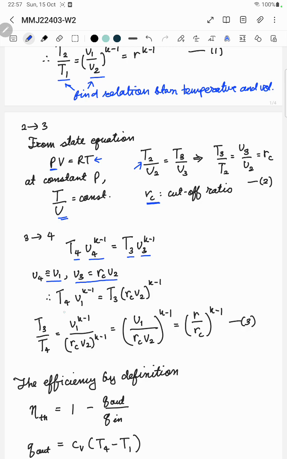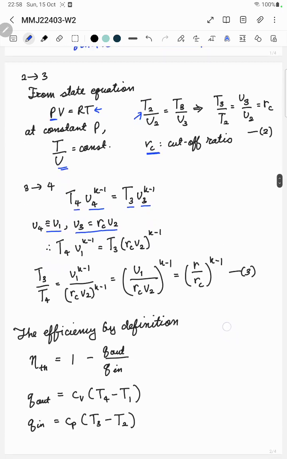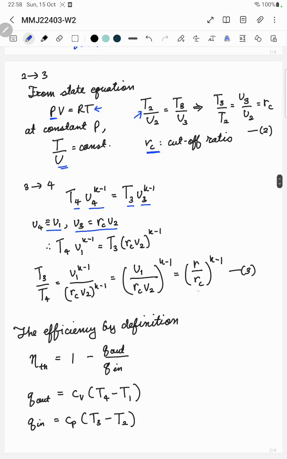So we get T4 V1 to the power k minus 1 equals T3 multiplied by rc V2 in parentheses to the power k minus 1. And with a little algebraic manipulation, we can get to our equation 3.